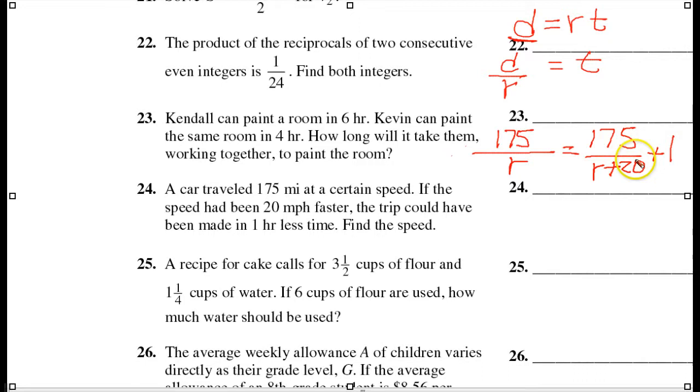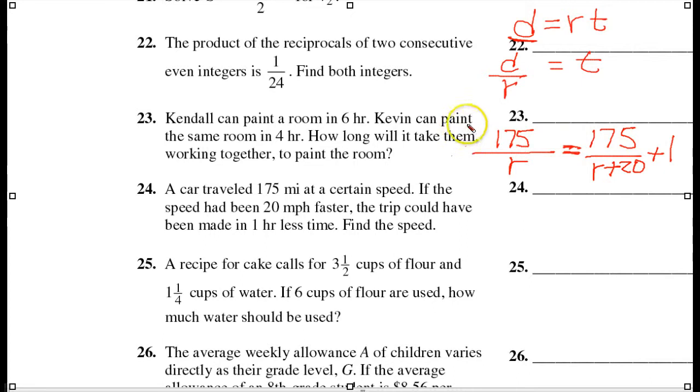So to make this an equation, we have to add the hour to this side. So this amount of time equals this amount of time. Here, because it's faster, it's going to be less time, so to make it an equation, we add it there.